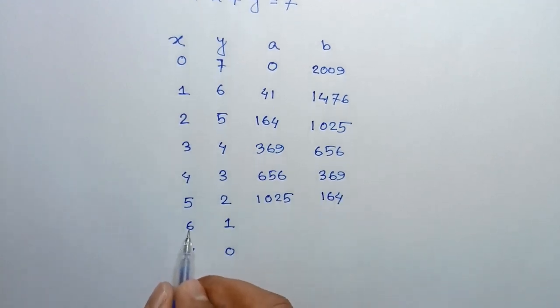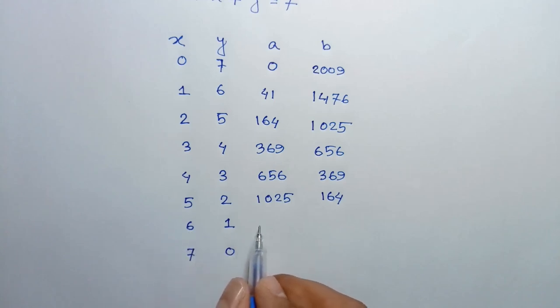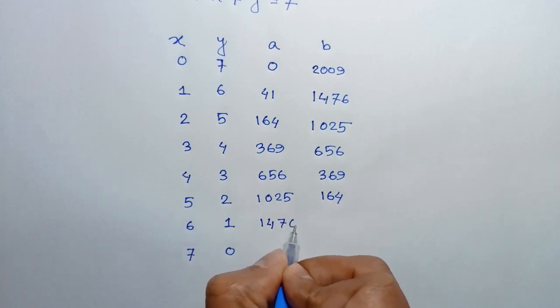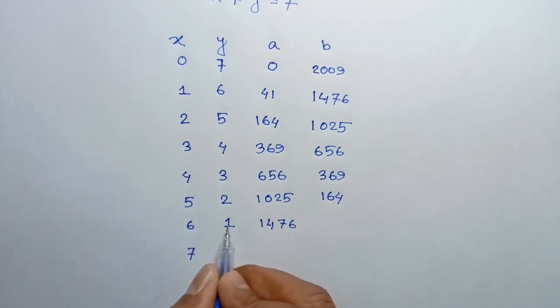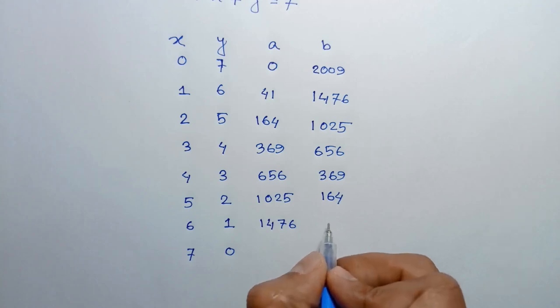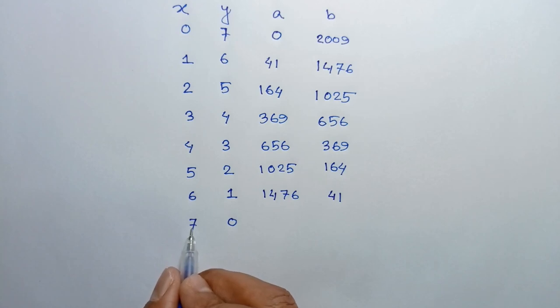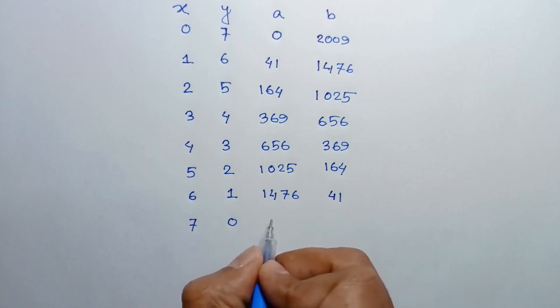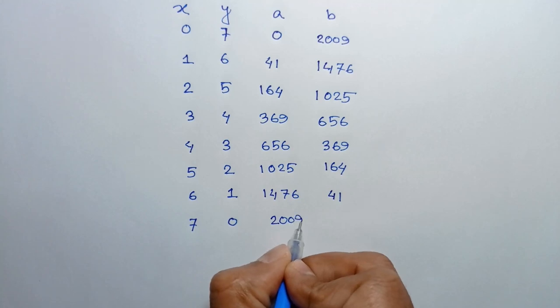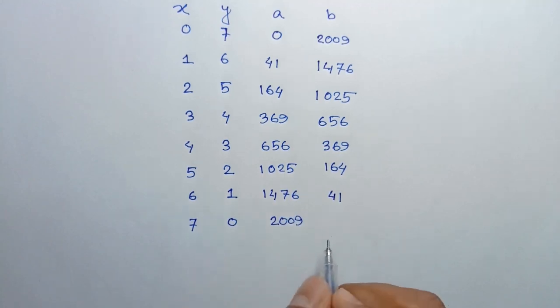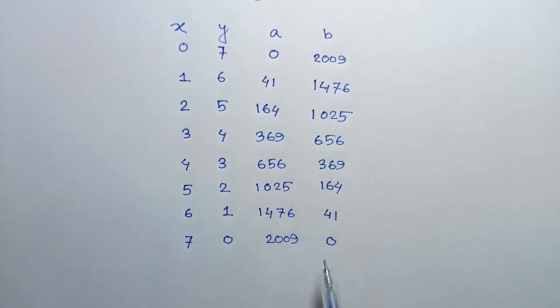And when x is equal to 6, then the value of a will be 1476, and when y is equal to 1, then the value of b will be 41, and finally when x is equal to 7, the value of a will be 2009, and for y is equal to 0, the value of b will be 0. So these are the 8 solutions for integers.